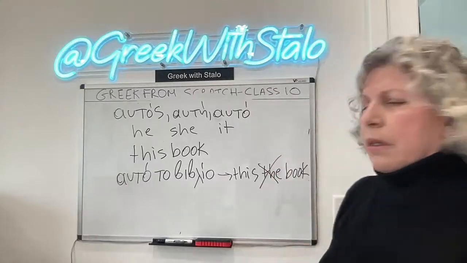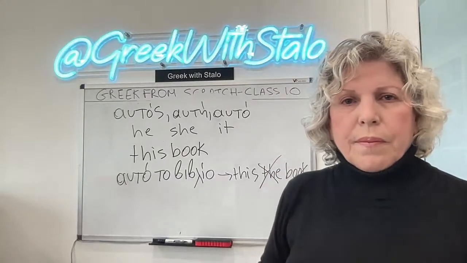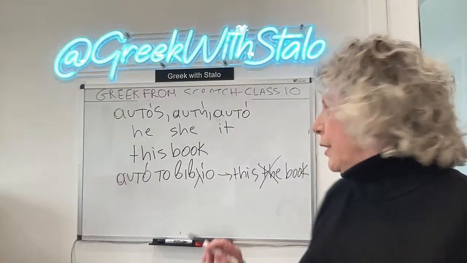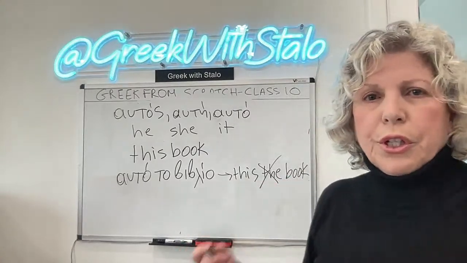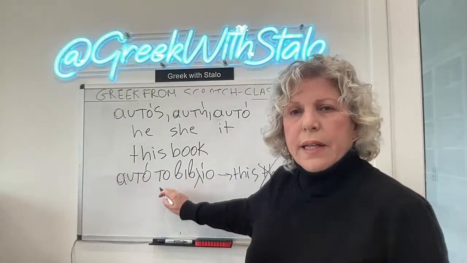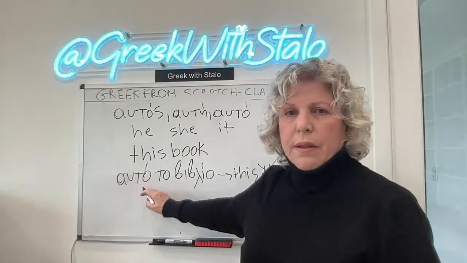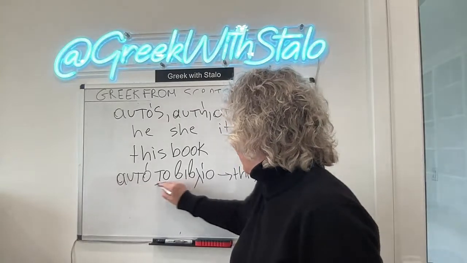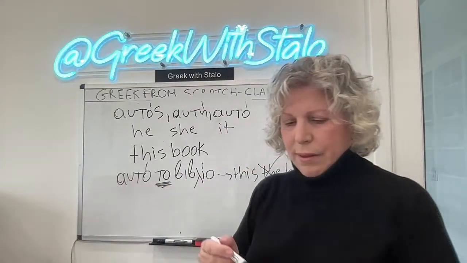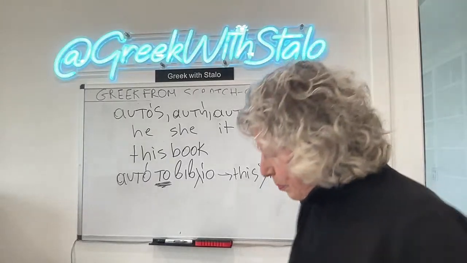We just omit the definite article the. We just say this book, but in Greek, you have to use the definite article with the word αυτός, αυτή, αυτό. So don't forget the definite article there.